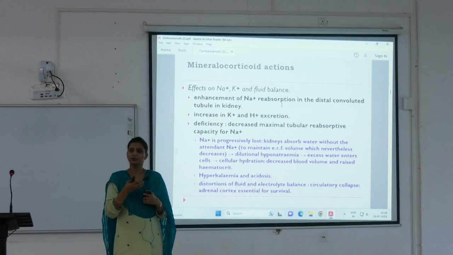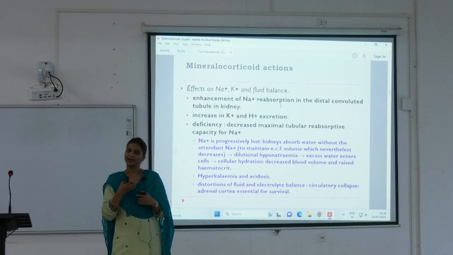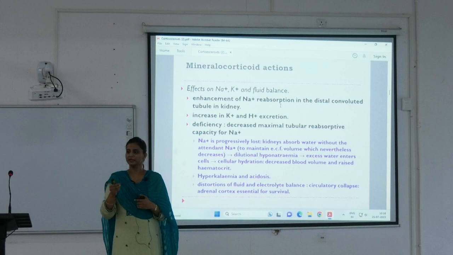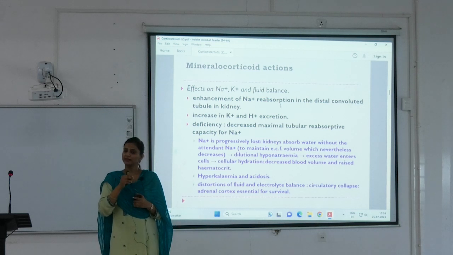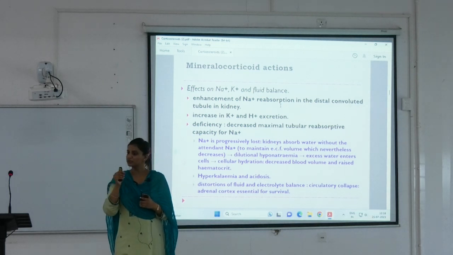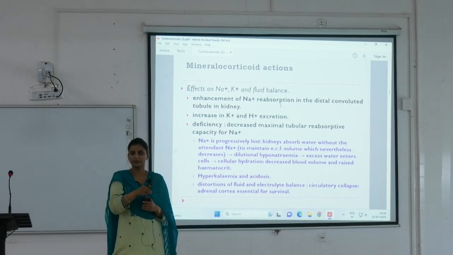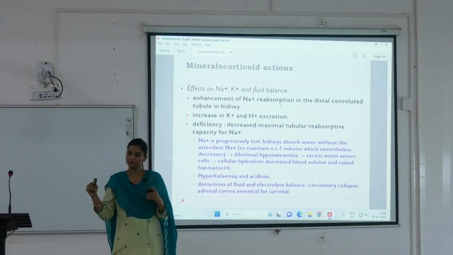So, sodium is taken up actively, reuptake of sodium. It increases the number of sodium channels in the apical cells. So, that takes a long pathway because genes have to be encoded, new channels have to be incorporated. So, that is a long process.